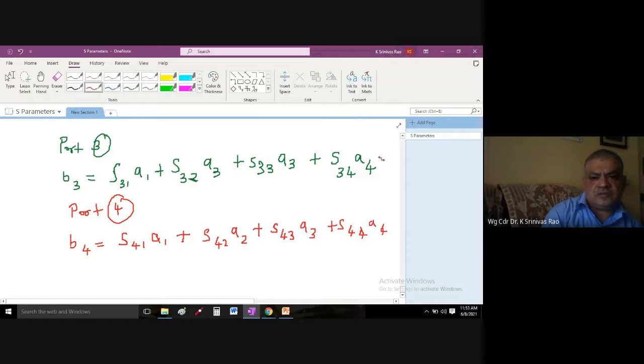Now this equation I call equation number 3, and this equation I call equation number 4.